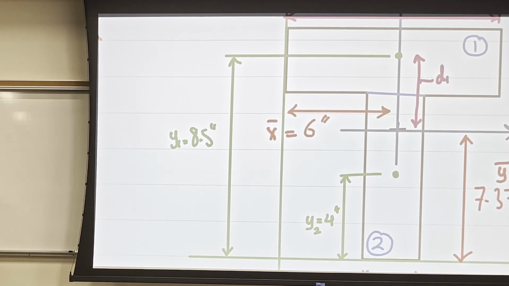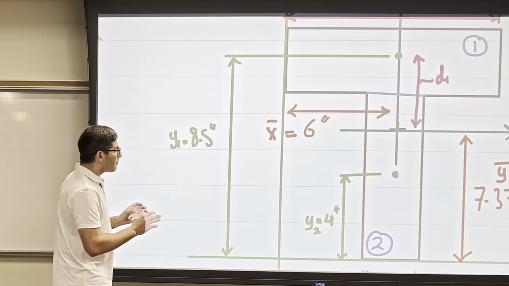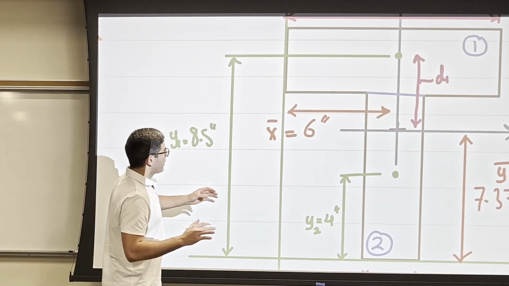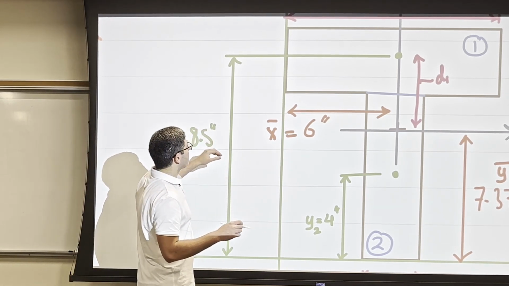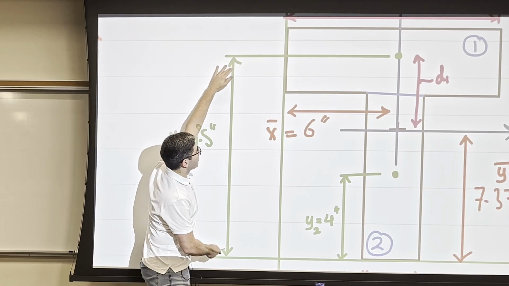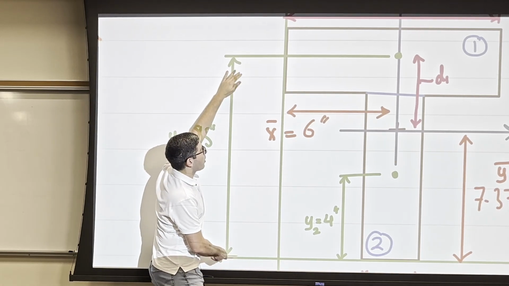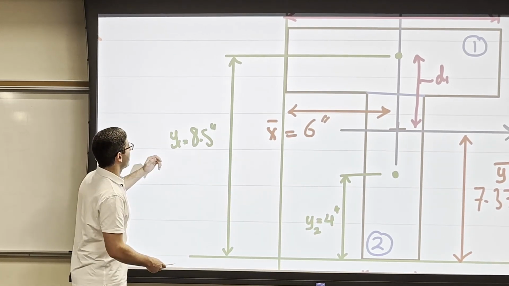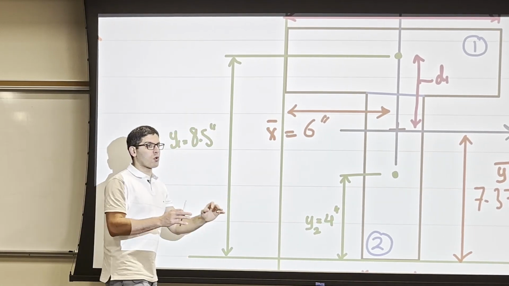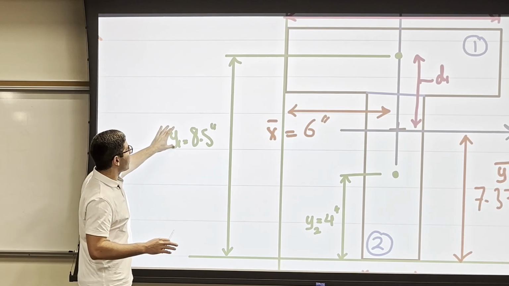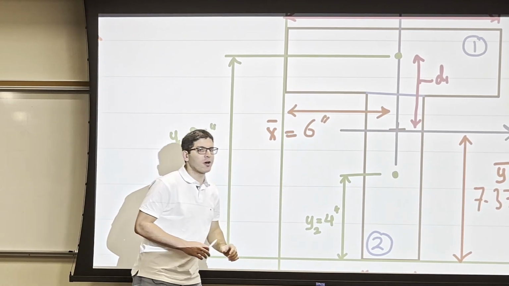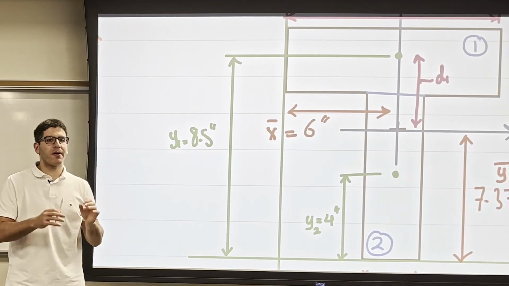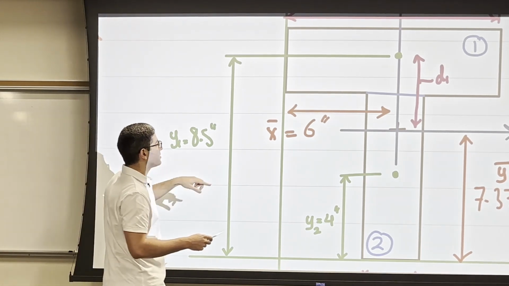How do we find d1? d1 is simply the subtraction of the centroid of shape 1 minus the centroid of the whole shape, and it always works. So it's always y1 minus y bar, or y bar minus y1, it doesn't matter because the whole bracket is going to be squared.